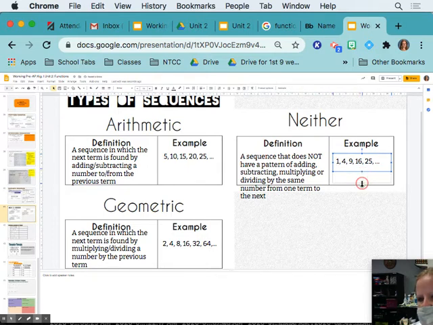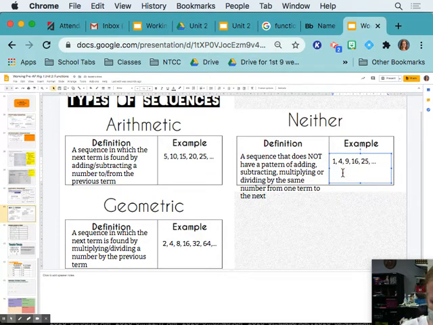It doesn't have a pattern from one to the next. But do y'all know what these numbers are? Plus 3, plus 5, plus 7. But what kind of number is 4? What kind of number is 9? How do we find 9? What's the only way to multiply to get 9? 3 times 3. A way to get 4? So 2 times 2, 3 times 3, 4 times 4, 5 times 5. So it's the perfect squares.